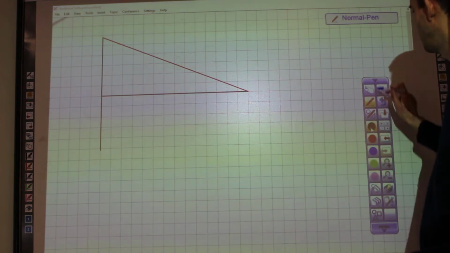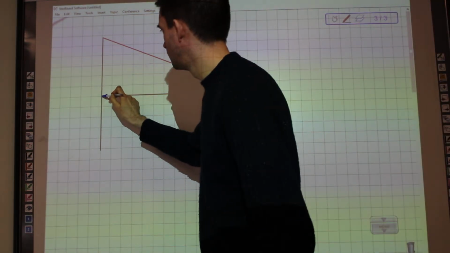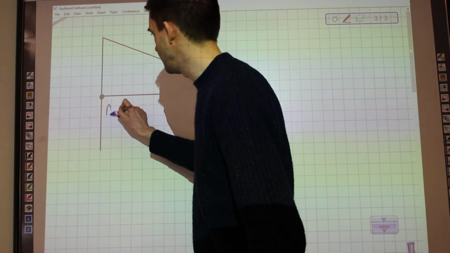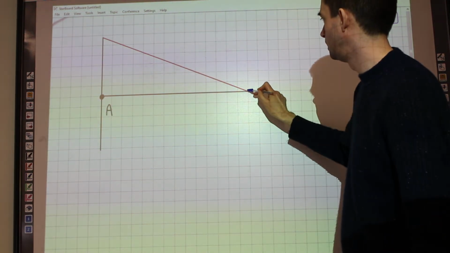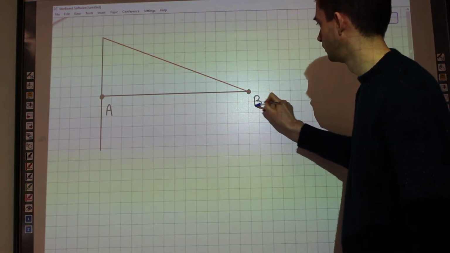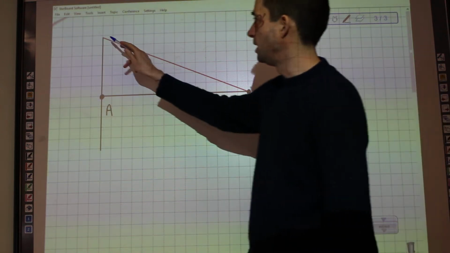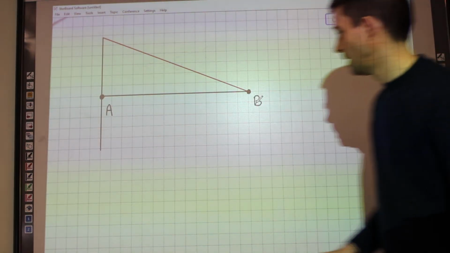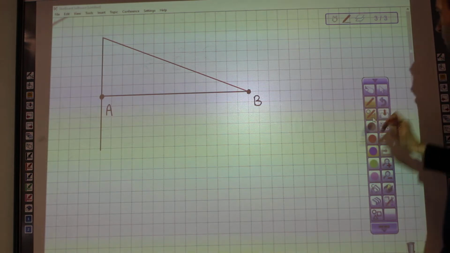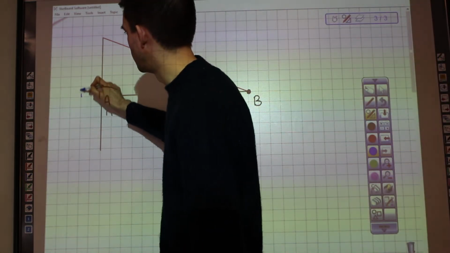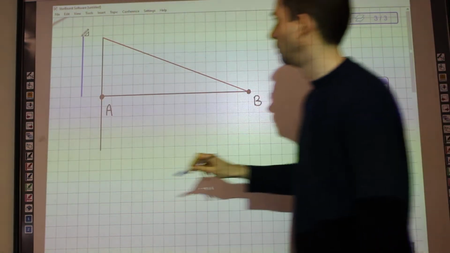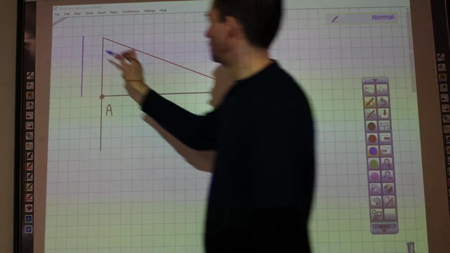So this is the point A, this is the point B, and it's being held in place here, and we were told in the question that that distance there was 4 meters vertically above A.